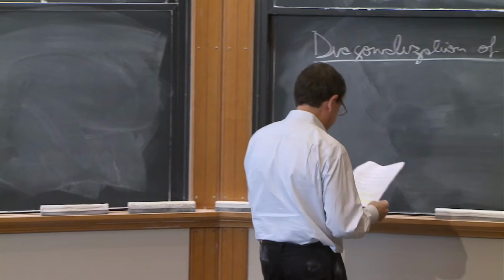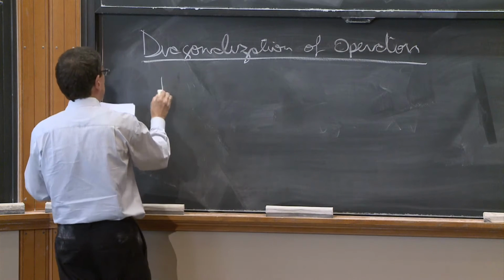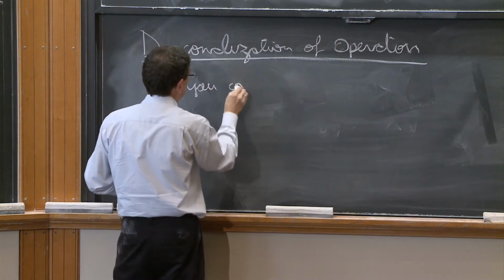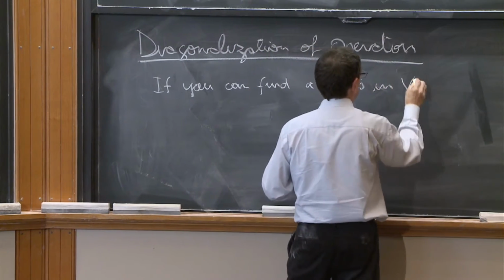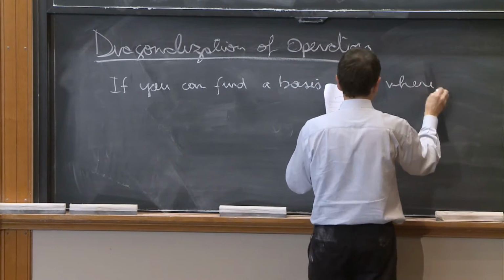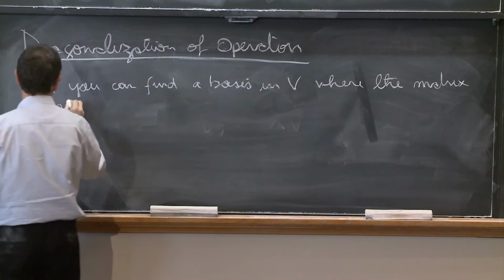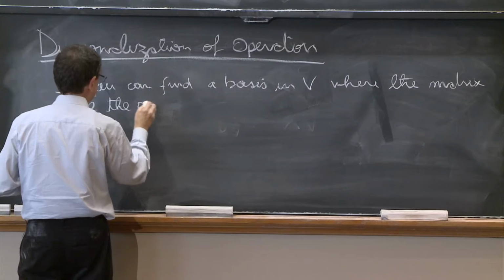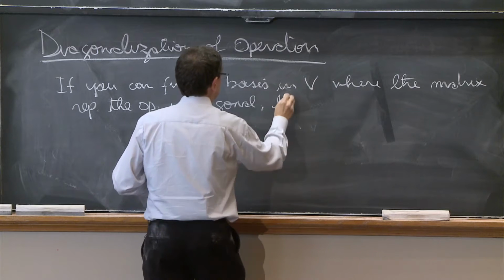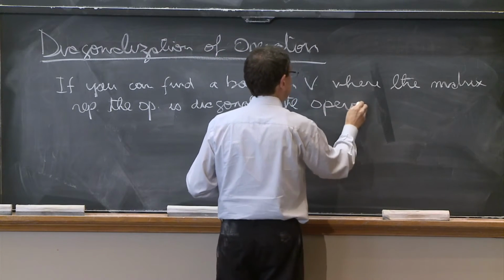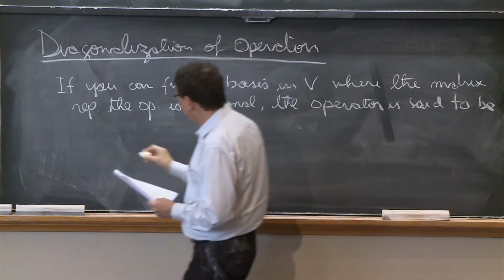So let me just write it like this. If you can find a basis in V where the matrix representing the operator is diagonal, the operator is said to be diagonalizable.